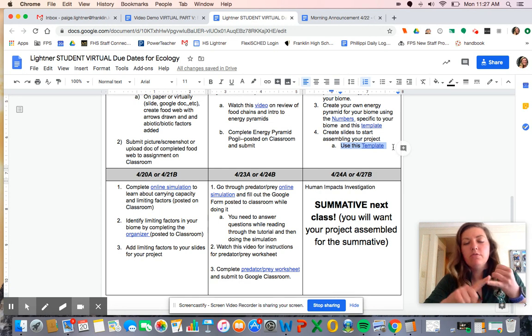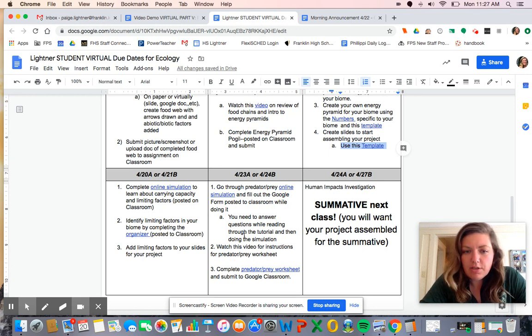So you can link in your food web there, and the worksheets you've done that you're going to need to apply on your summative. Your summative will be working with your biome. You're going to be doing different scenario problems based on your biome, things like calculating energy transfer, talking about abiotic and biotic factors, looking at food chains, food webs, all what we've been talking about. If you have any questions on that, please reach out.